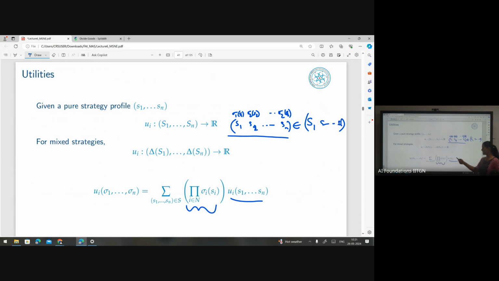The agents get the utility corresponding to each strategy profile with that probability, and hence the total utility is the sum across all possible strategy profiles, weighted by their probabilities. Now we'll look at one example.